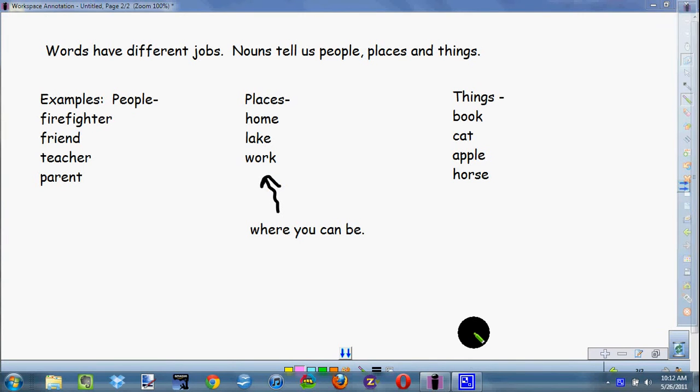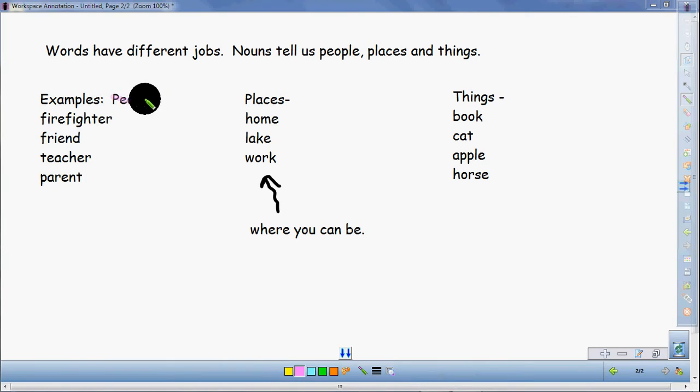Let's look at nouns. Words in English have different jobs. Nouns tell us people, places, and things. Here are some examples. People. People are firefighters, friends, teachers, parents.